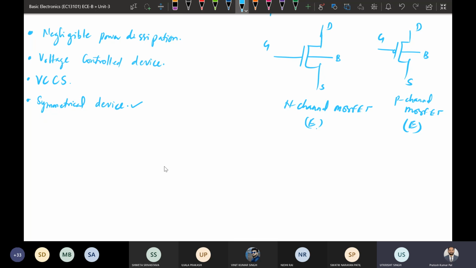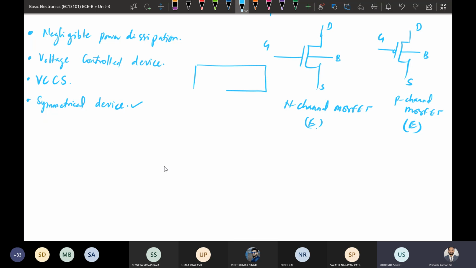But BJT is not a symmetrical device. We cannot use the collector and emitter interchangeably because the emitter and collector have different doping concentrations and also different widths or areas. The emitter has less area and the collector has higher area.